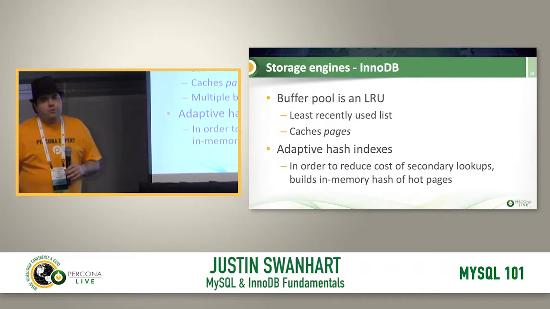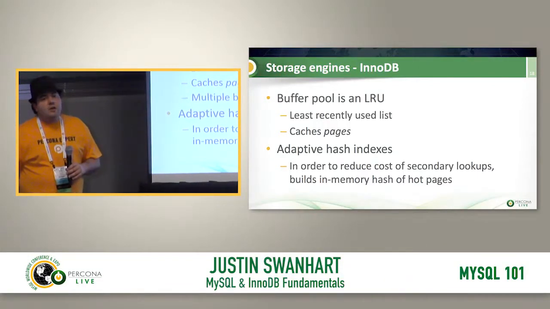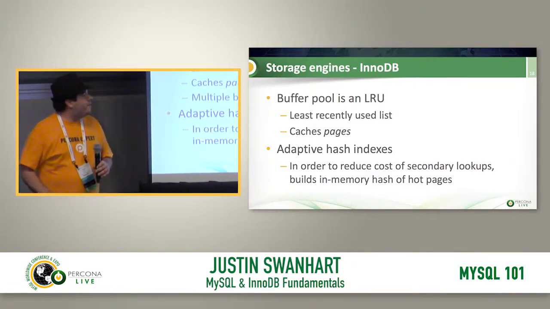It defaults to 30%. So the pages end up near the end of the buffer pool, and then they'll get moved up if they're accessed again. The reason for this is so a table scan that runs doesn't push all of your good pages out of the buffer pool, which has traditionally been a big problem with these types of LRU.